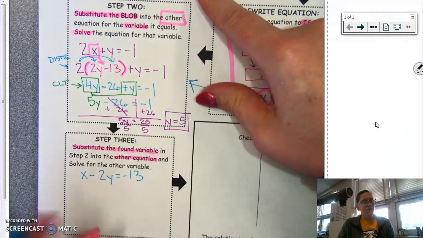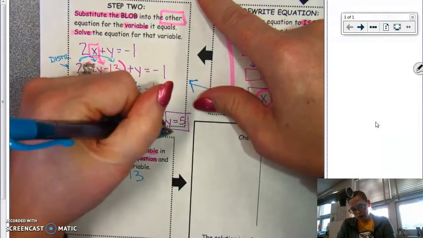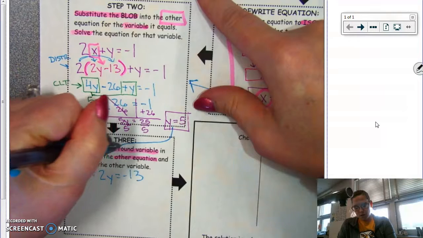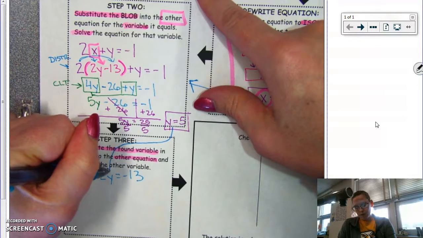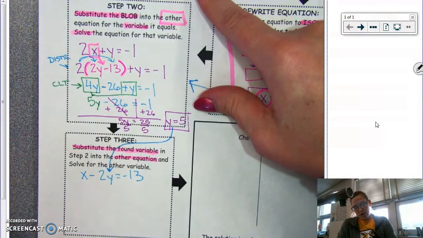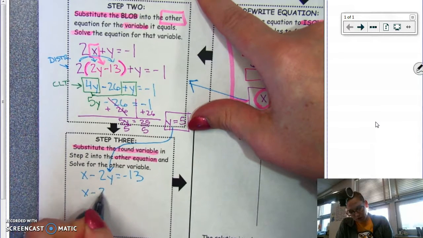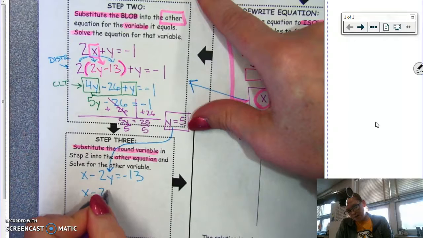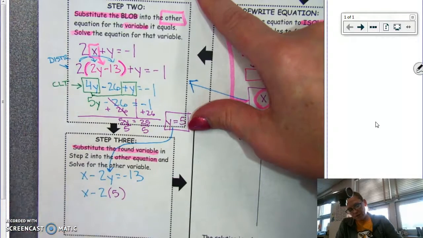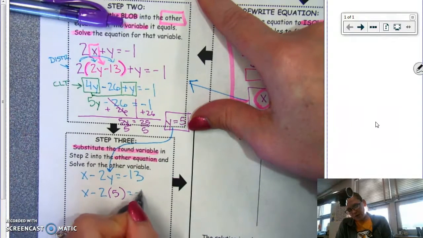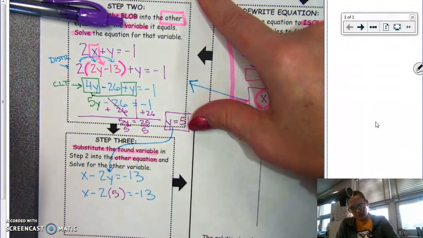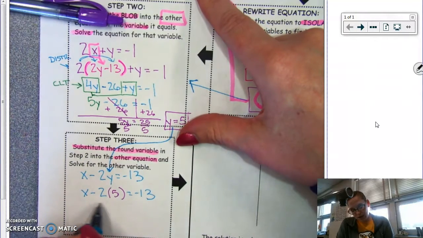And now in place of the y, we're going to put 5. So now our equation is x minus 2 times 5 equals negative 13. And now we just simplify.